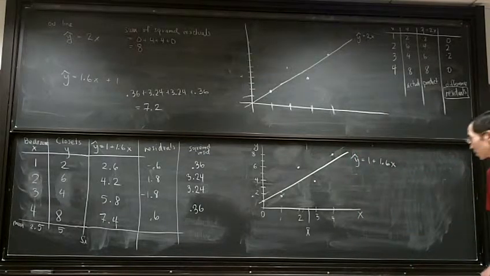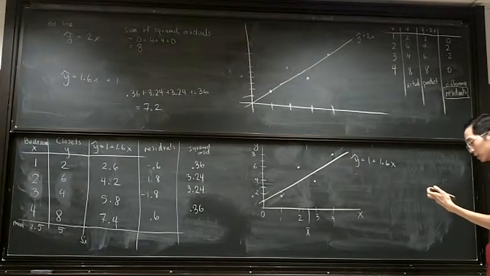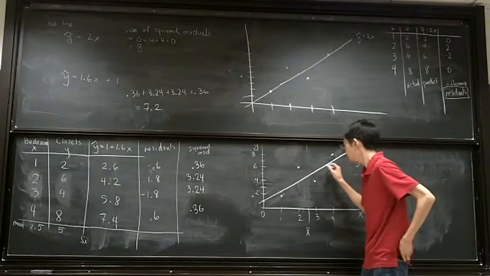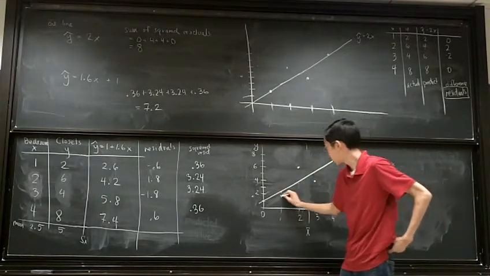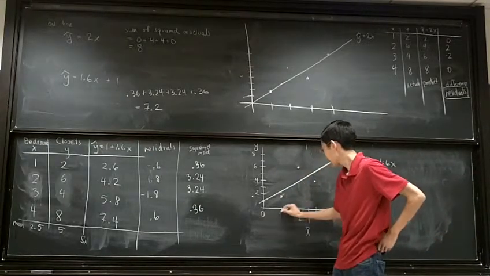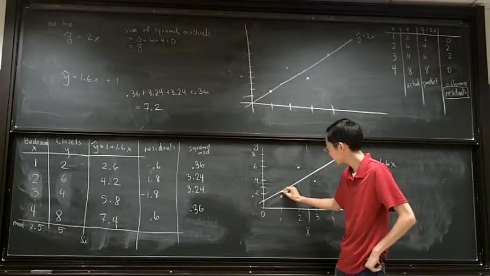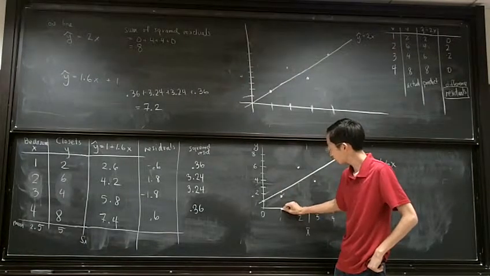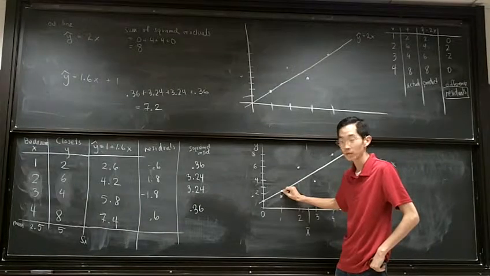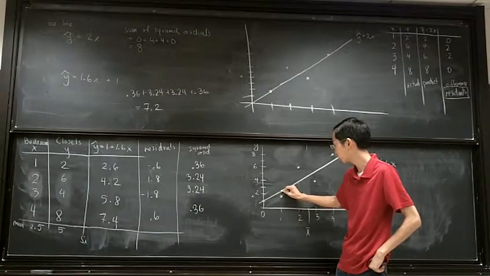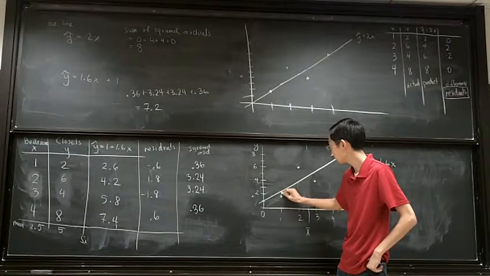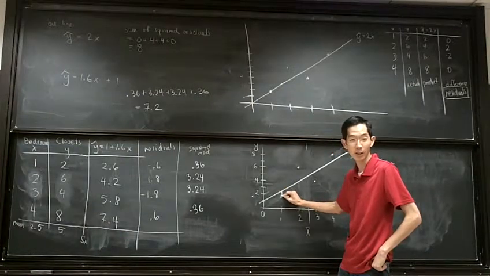And just to illustrate what's going on, this point says, according to the line, I am predicting that at x equals 1, the value should be 2.6. But what it really is, is 2.